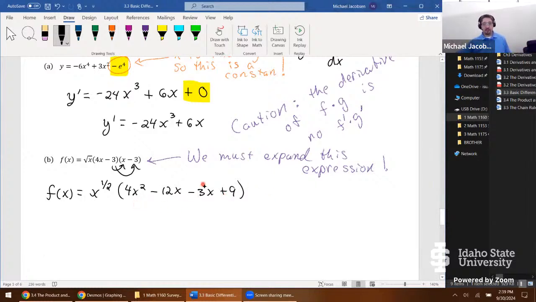So let's combine our like terms in the middle. We have x to the power of 1/2. And although this is just fine as it is, 4x squared, let's change the exponent on that. This is 4x to the power of 4/2. Reason we're doing that is we're eventually going to multiply x to the power 1/2 inside the group, and the exponents add up.